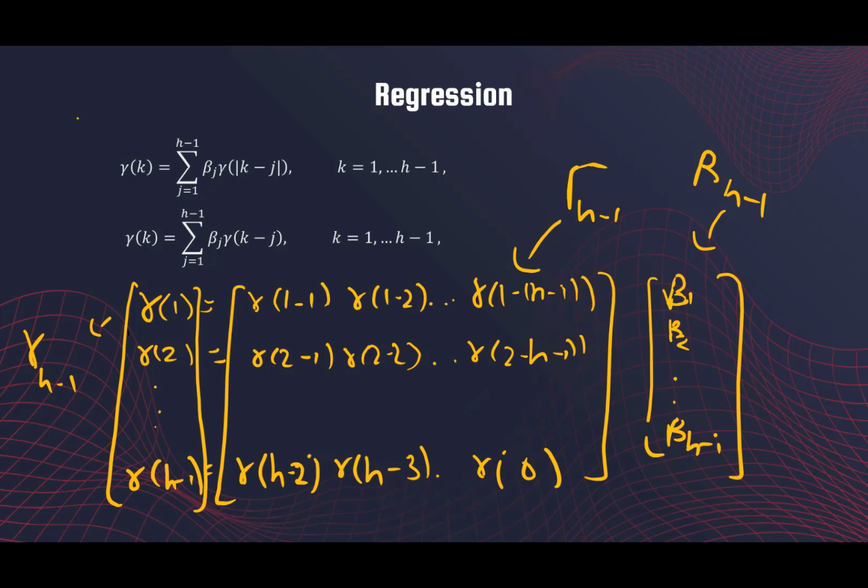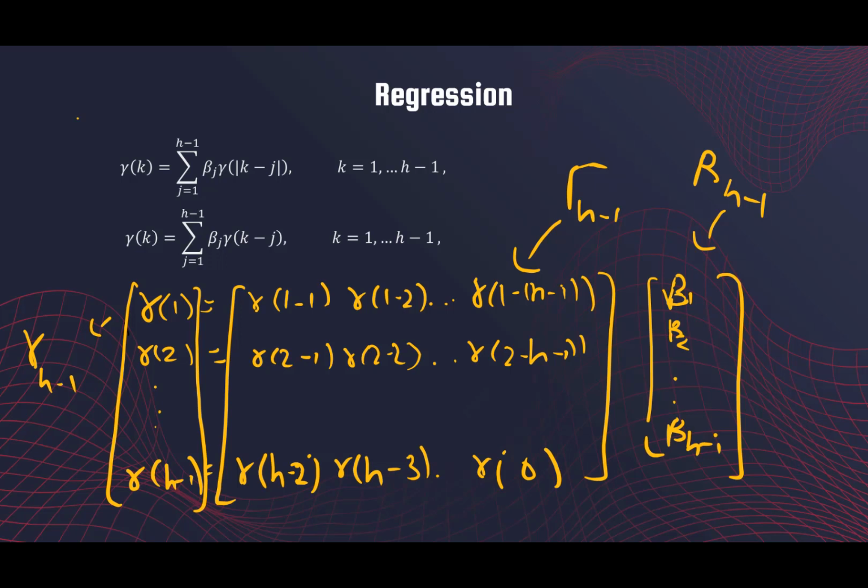So this system of equations can be written out in the form of vectors and matrices in this form. This vector, I'm calling gamma h minus 1 because it has h minus 1 components. This is a square matrix. This is a vector again. So this should give you an idea of how to solve for this equation. If this is invertible, you put this on the other side and then you have your solution.